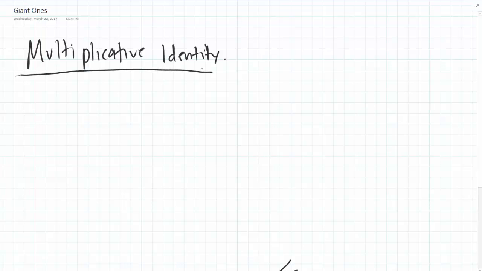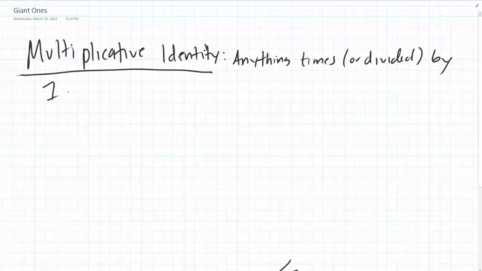The multiplicative identity just says that anything times, or even divided by, 1 is the same value, or is itself.